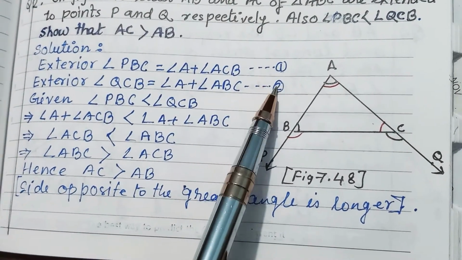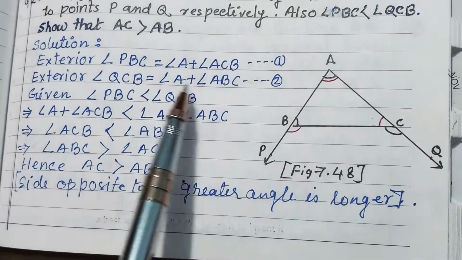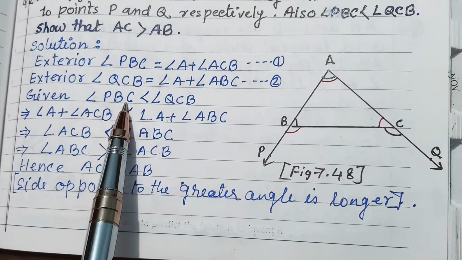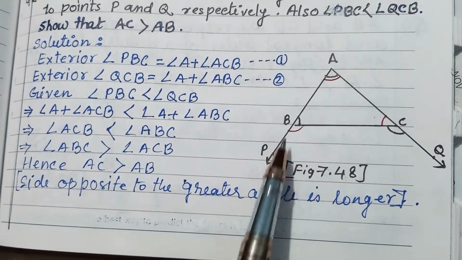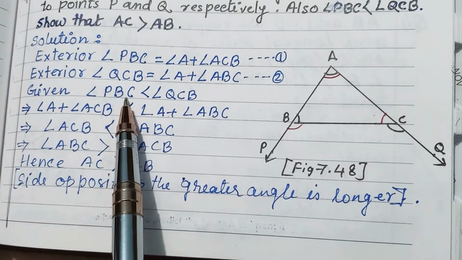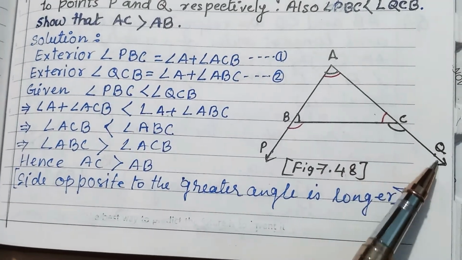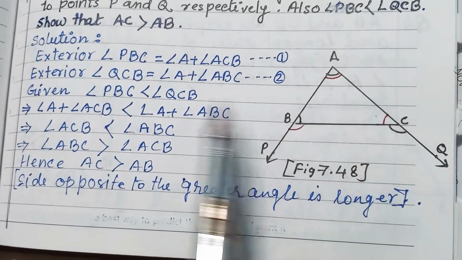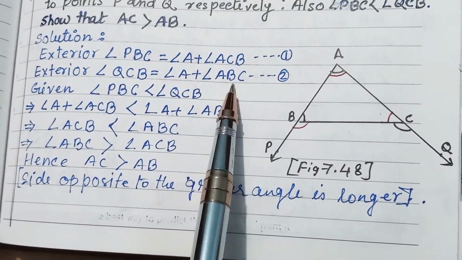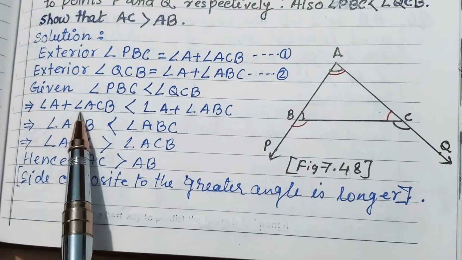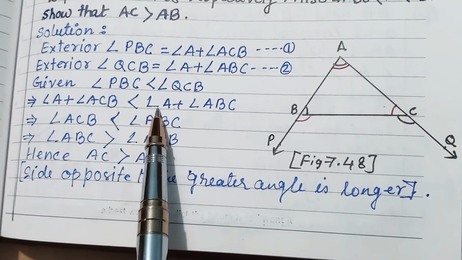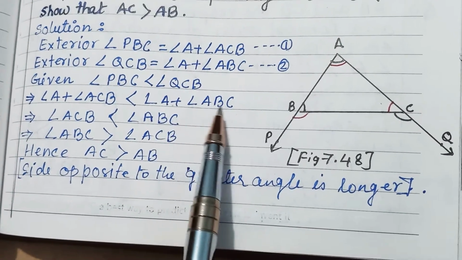Now, in the first and second equations, given that angle PBC is smaller and QCB is greater, angle A plus angle ACB is smaller than angle A plus angle ABC.